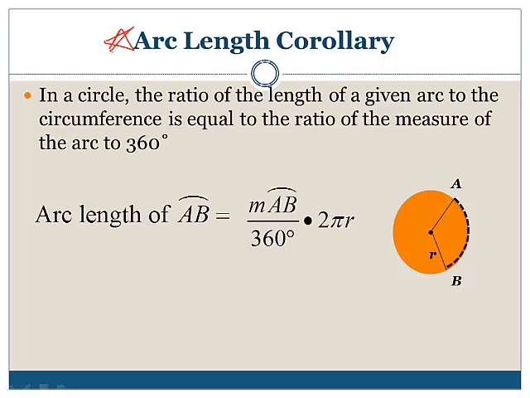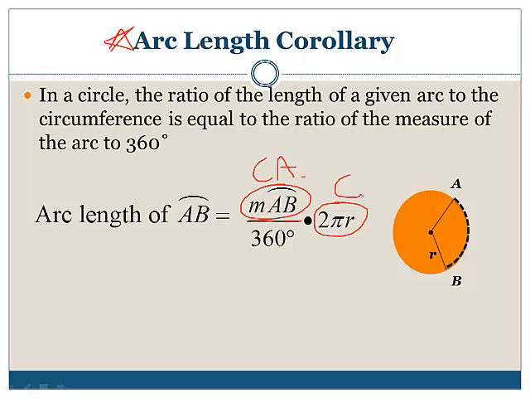The arc length of AB in this case, which is the dotted line, is your central angle measurement divided by 360, multiplied times your circumference, c. In some cases, you'll have the arc length, and it will ask you to find your radius.